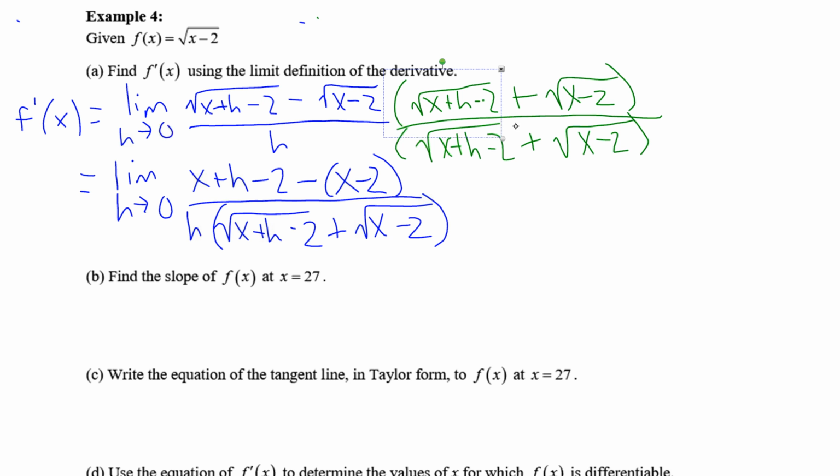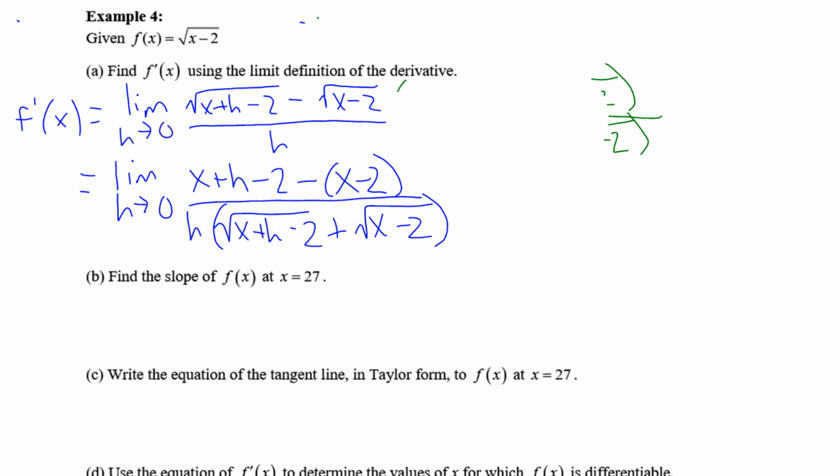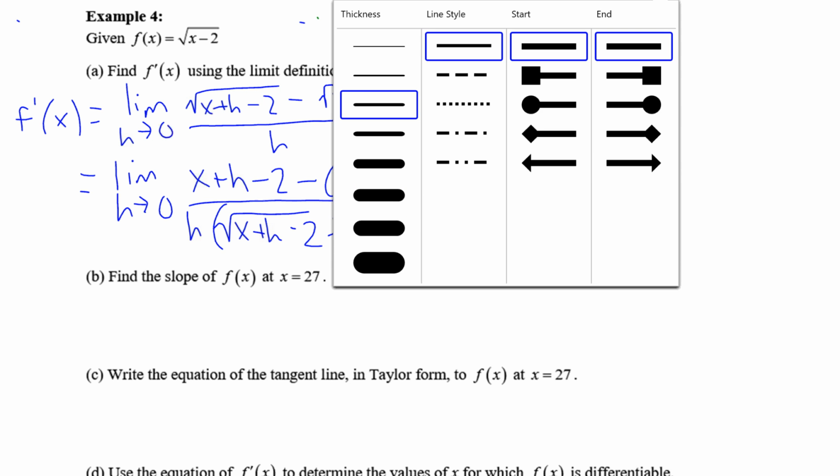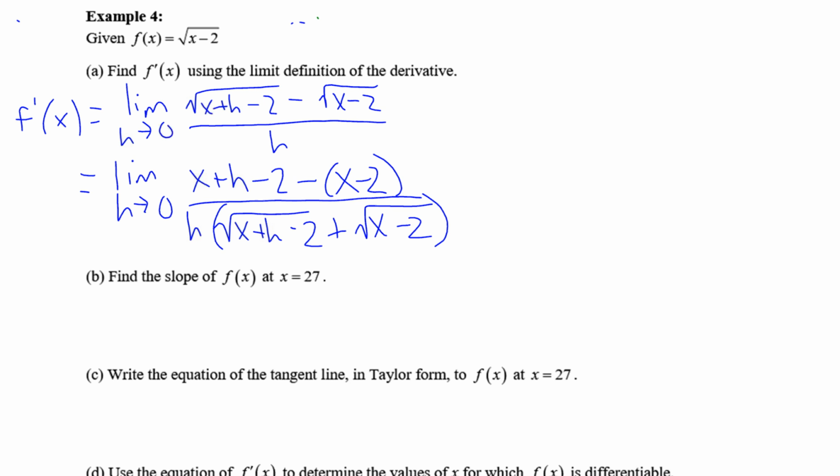Okay, let me clear away this green. Okay, and continuing in blue. Simplify the top. We have x minus x, we have negative 2, positive 2. So it looks like here we have the limit as h approaches 0 of h over h times this quantity.